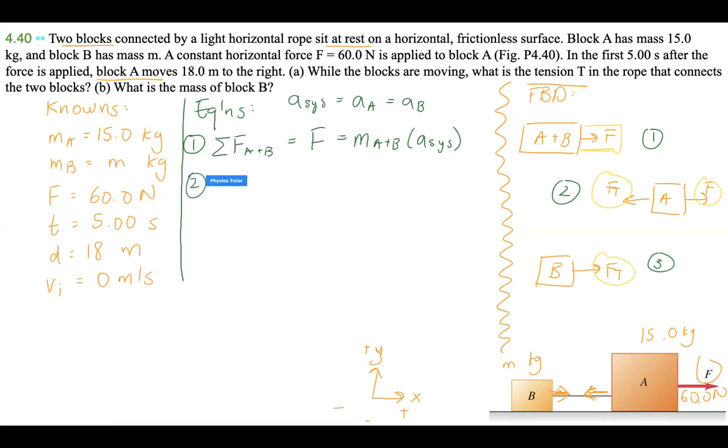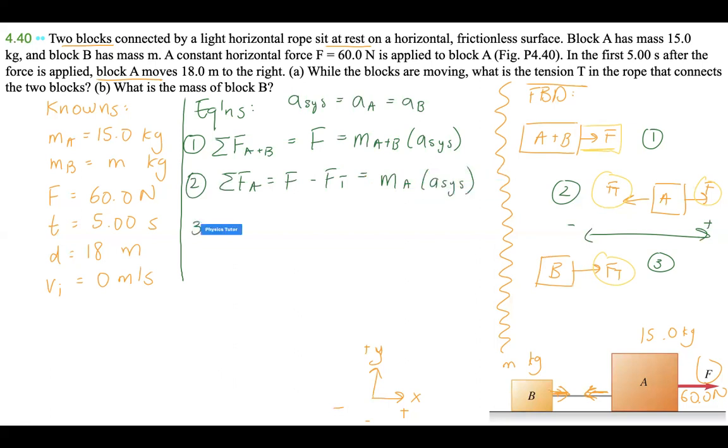Now for 2, we know the forces on A. It's going to be F, because this is the positive side and this is the negative. It's going to be F minus Ft, and that is equal to the mass of A times the acceleration of the system.